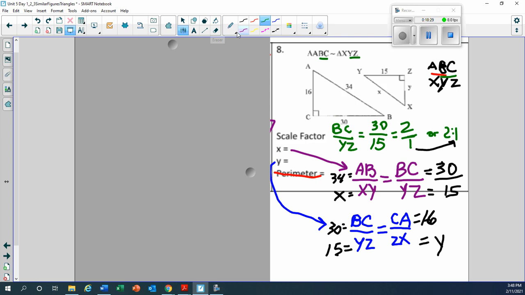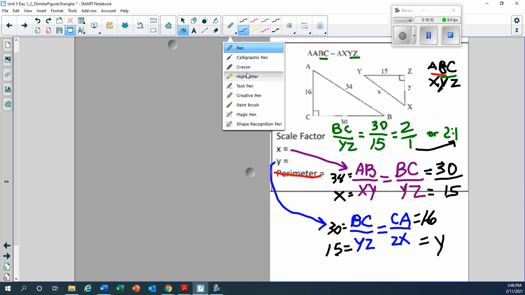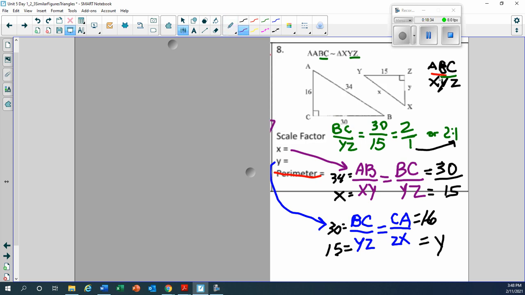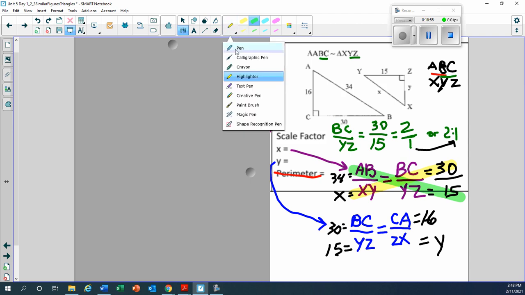So just like the previous couple problems, do your diagonal multiplication, your cross multiplication. 30 times x, 34 times 15. And then from there, I'll just write down what you need to have. Not using the highlighter, that's not going to work.